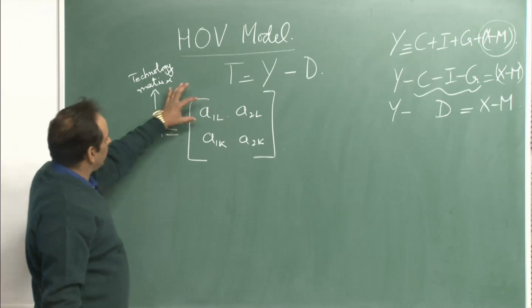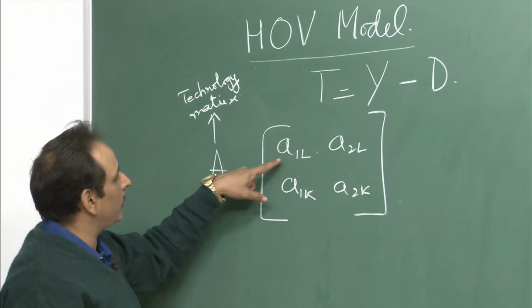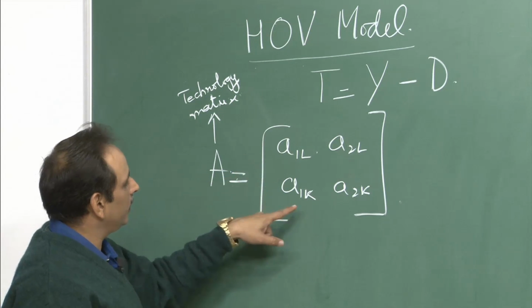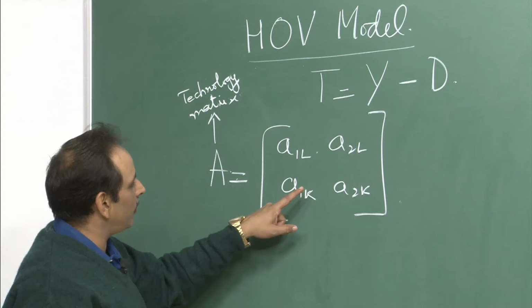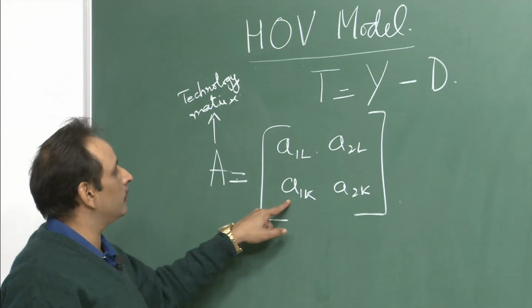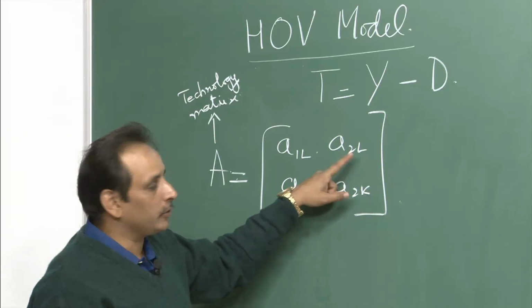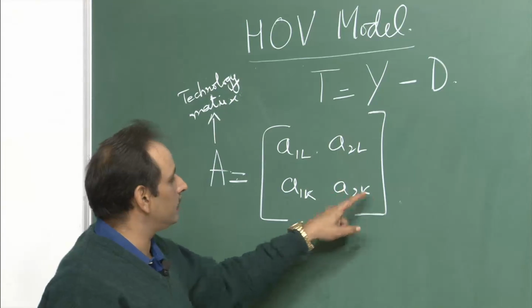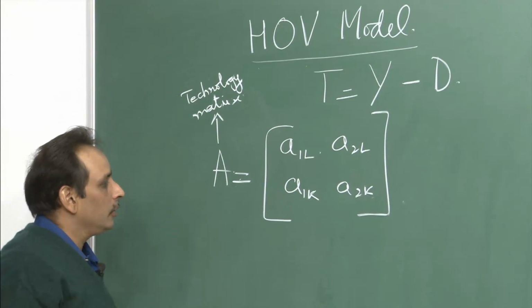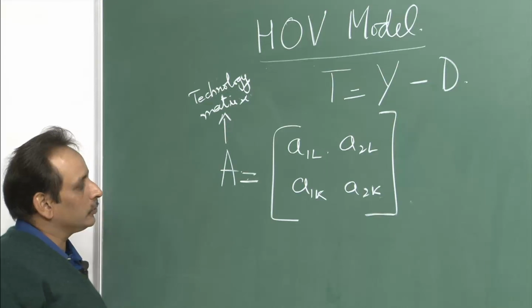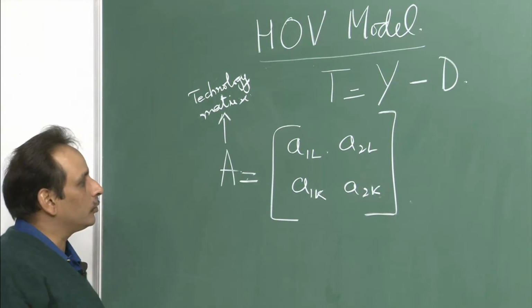A1L is the amount of labor required to produce 1 unit of good 1, A1K is the amount of capital required to produce 1 unit of good 1, A2L is the amount of labor required to produce 1 unit of good 2, and A2K is the amount of capital required to produce 1 unit of good 2.